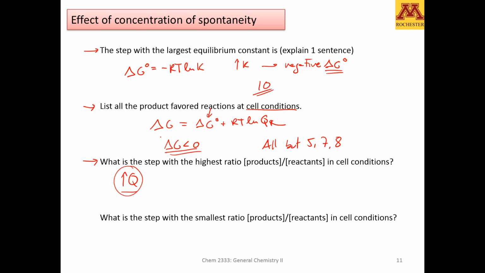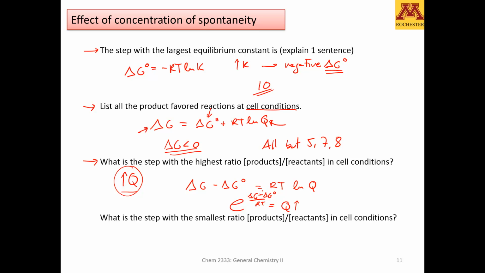So if we use this equation again, we'll see that delta G is delta G0 plus RT logarithm of Q. So Q is e to the negative delta G0 over RT. So how can I get a large Q? Well, when I have a large and positive exponent.